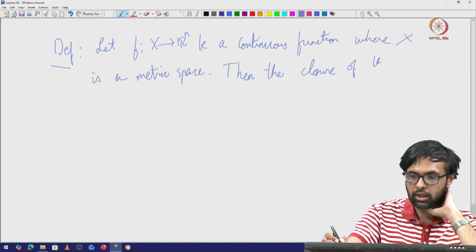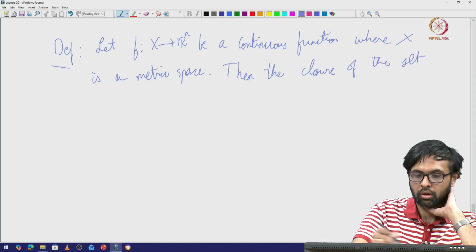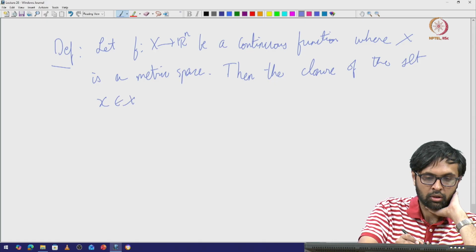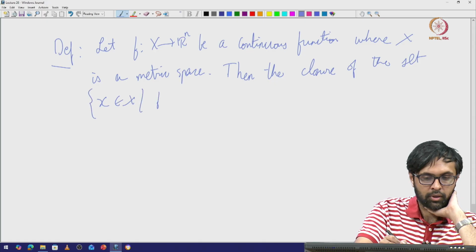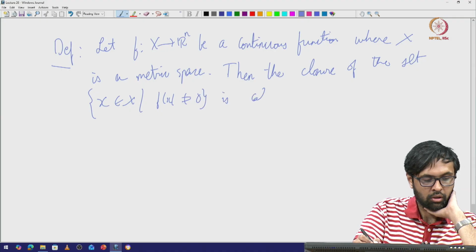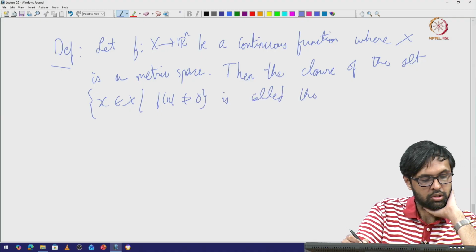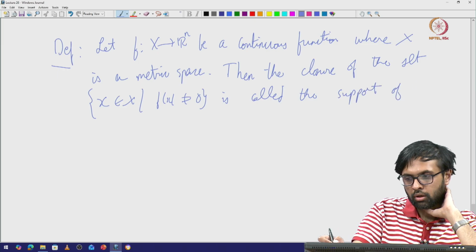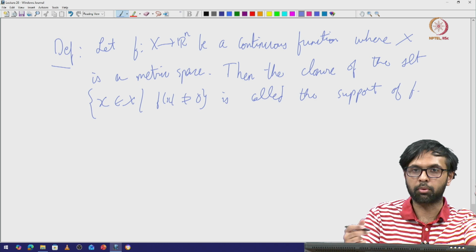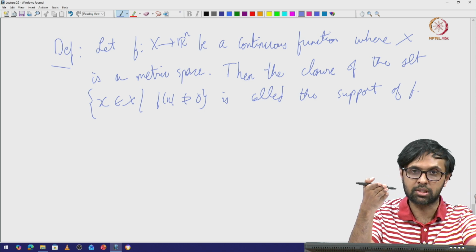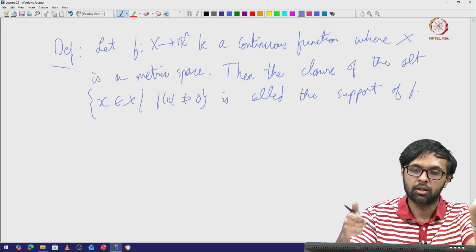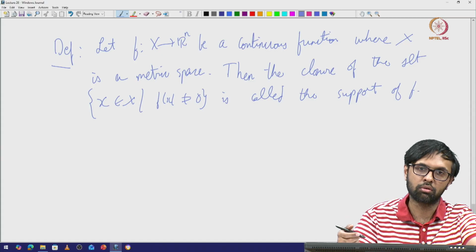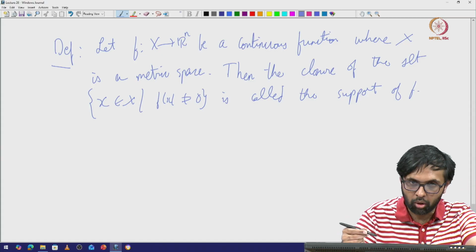The point is the closure of the set of x where f of x is not 0 is called the support of f. So as the English word support, places which is supporting f in a sense, there are places where f is not 0, but you take the closure of it.